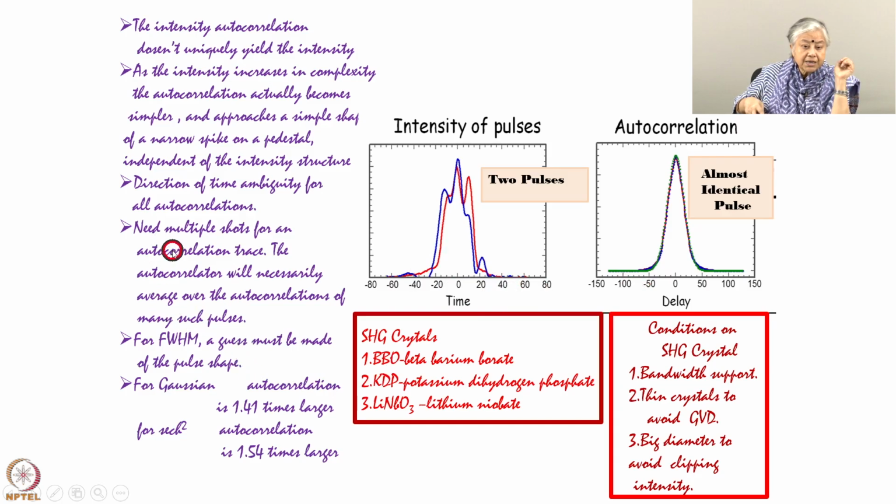And the need for multiple shots for an autocorrelation trace. By this what is meant is what I said before, that only if you have multiple shots can you take this autocorrelation trace. This is the autocorrelation trace. Or you need a repetitive rate beam of light.